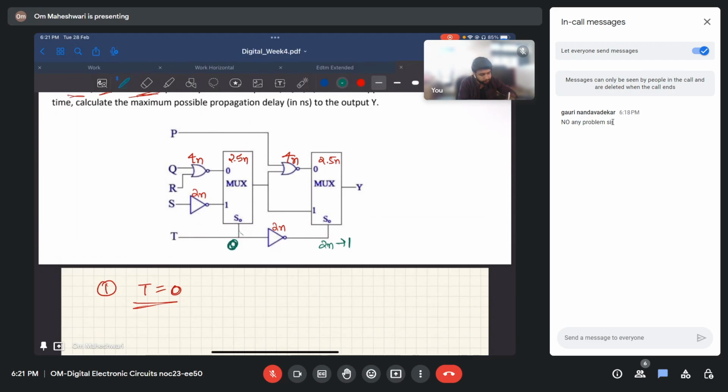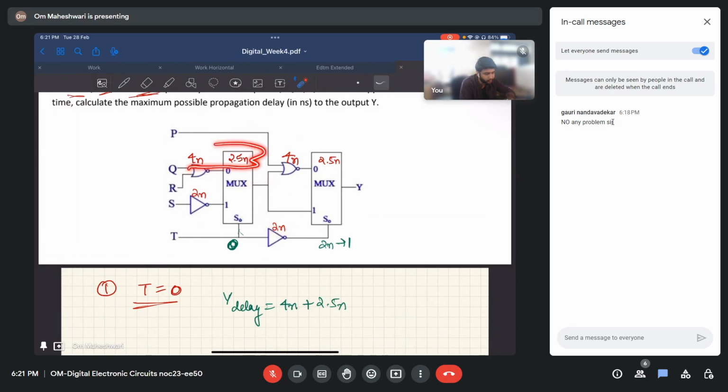So when this is 0, this will pass. So for this Q and R, 4 nanoseconds will be taken. So this delay will come, 4n. Then the multiplexer delay of 2.5n. So let me write the Y delay: 4n plus 2.5n. Now if you see, this 2n will be absorbed in this 4n plus 2.5n. Until we get this output, this 2n is already over, right?